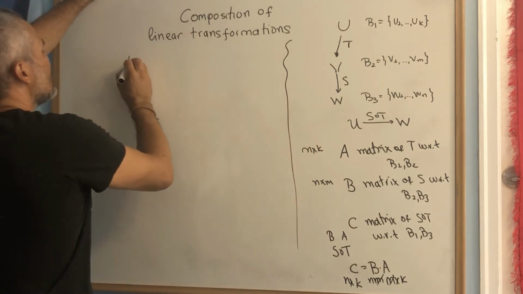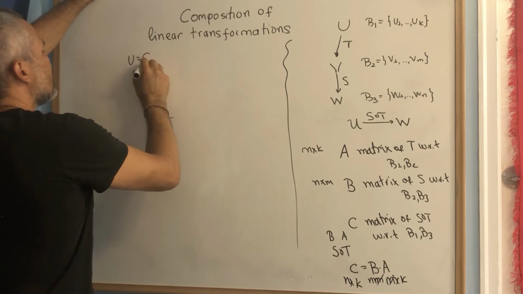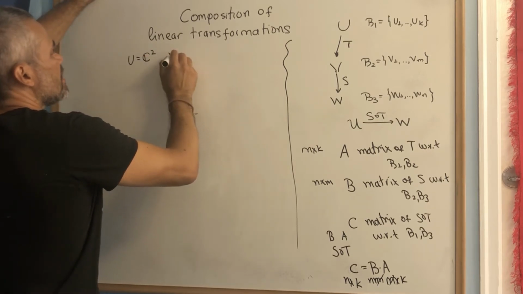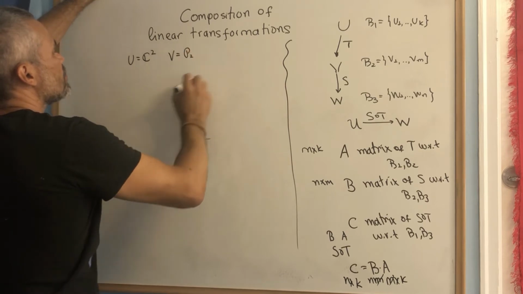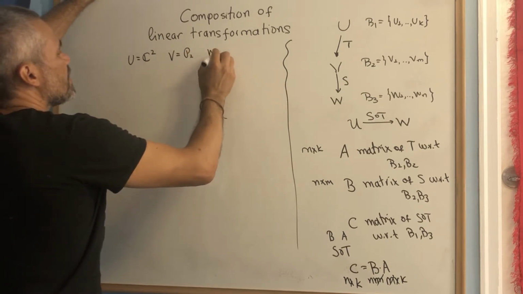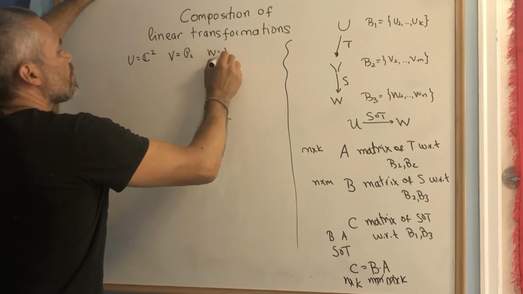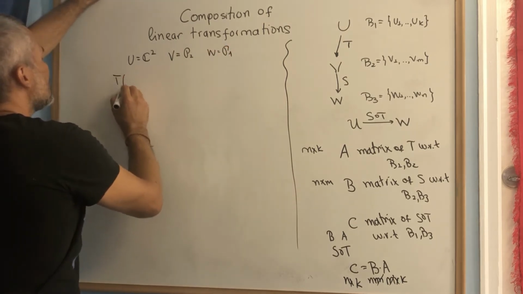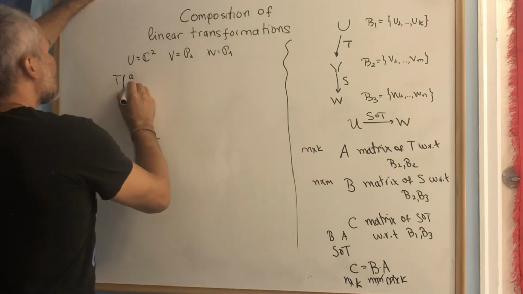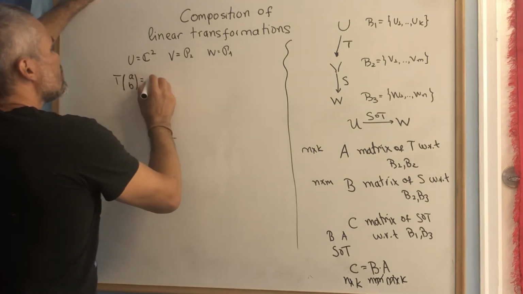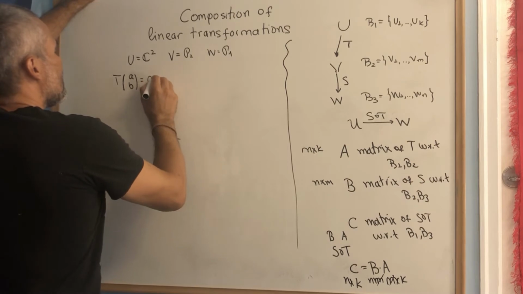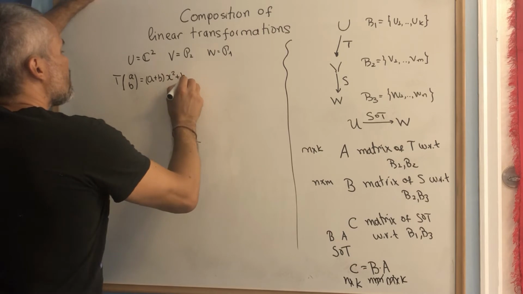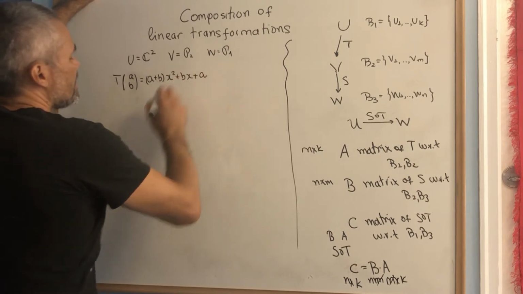Let's suppose that U is just C squared. Let's suppose that V is the polynomials of degree 2 or less, and W is the polynomials of degree 1 or less. Let's suppose that the transformation T takes these two complex numbers, a, b, into the polynomial (a plus b) x squared plus bx plus a.